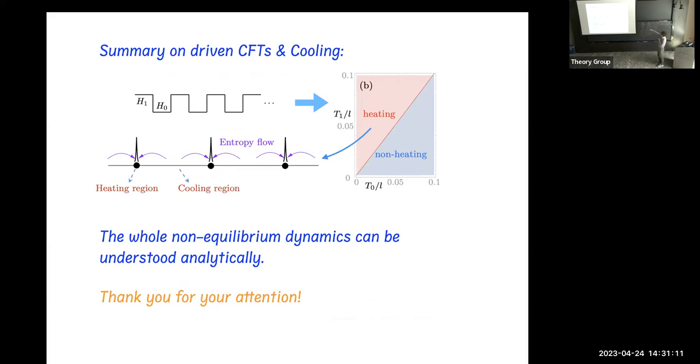In particular, in this heating phase, we can apply it to a system which is initially prepared at finite temperature. It can realize the conformal cooling. There's a cooling region where the effective temperature can be decreased to zero temperature exponentially fast. So the whole dynamics can be solved analytically.